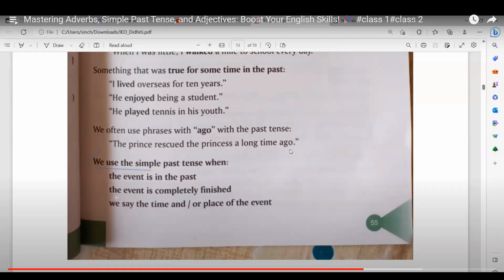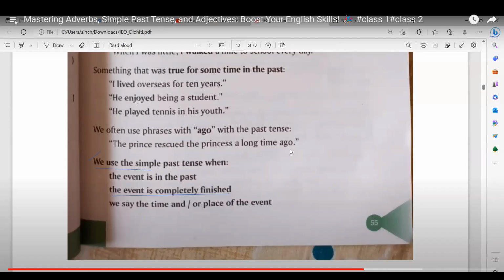Can you give me an example on this one, beta? Yes, ma'am. Ma'am, I cannot know.